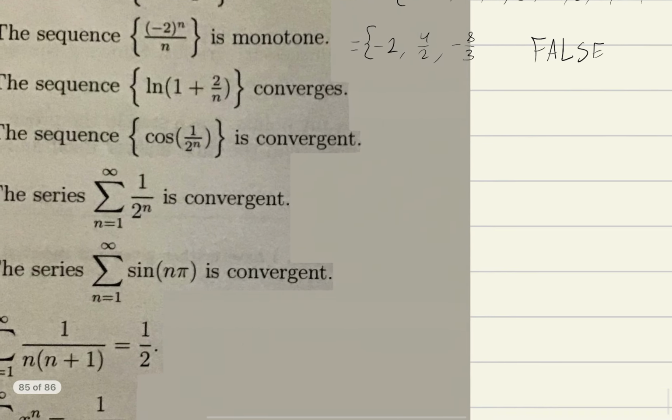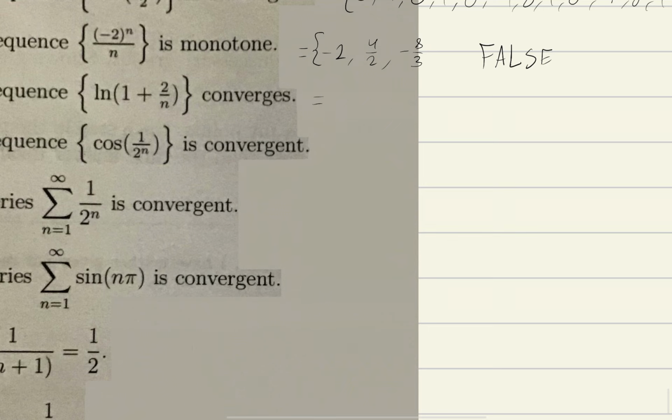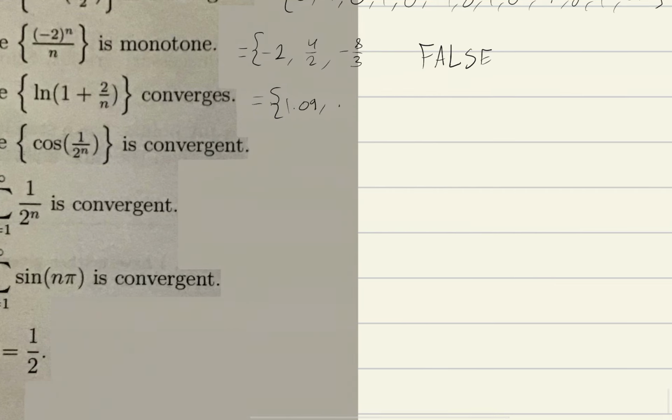Now we need to see if the natural log of 1 plus 2 over n converges. When we plug in our values, we would get 1.09 for n equal to 1.